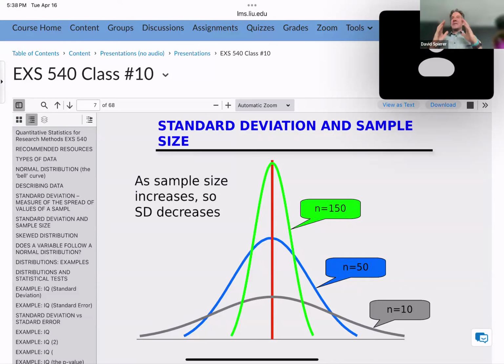So why is standard deviation so important? Let's think about this. We do our little study in our lab, and we have 150 people, so 50 people per group. And we go and publish, we go to a conference, we're so excited.